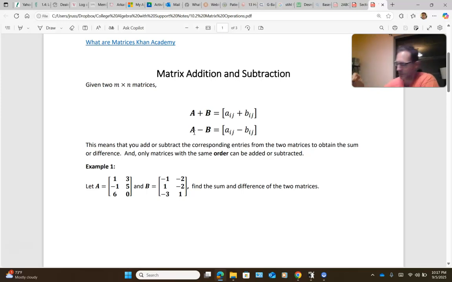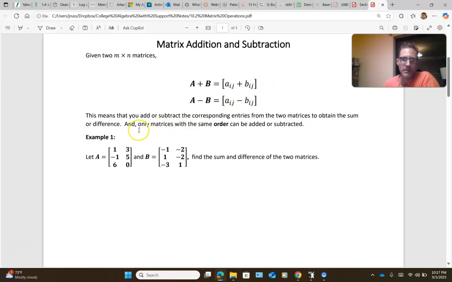We're going to see this illustrated down here. And like I said, let me just reiterate, only matrices with the same order can be added or subtracted.